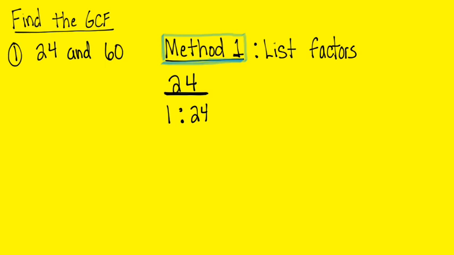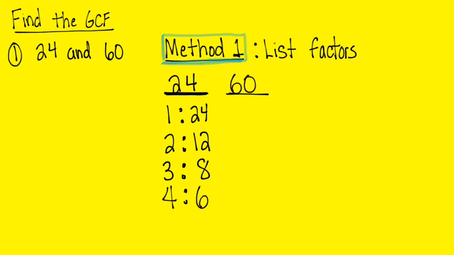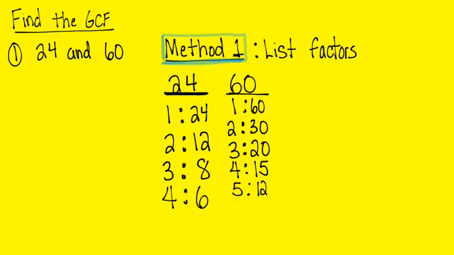I know that 24 is 1 times 24, 2 times 12, 3 times 8, 4 times 6, right? There's no more. On 60, I know that it's 1 times 60 and 2 times 30 and 3 times 20 and 4 times 15 and 5 times 12. And of course 6 times 10. I can look at what they have in common, the largest things they have in common, right?